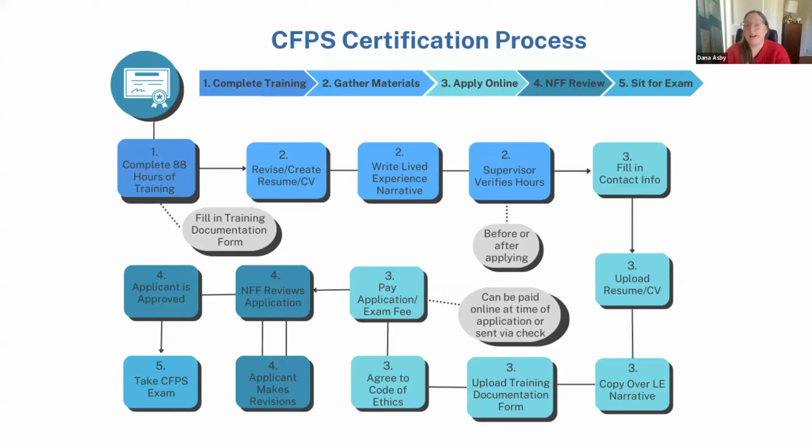If you've hired them to be a family peer and you're getting them certified, but that's what they've just started doing, that's fine. Well, you can't take this test until you have 88 hours of training. Correct.